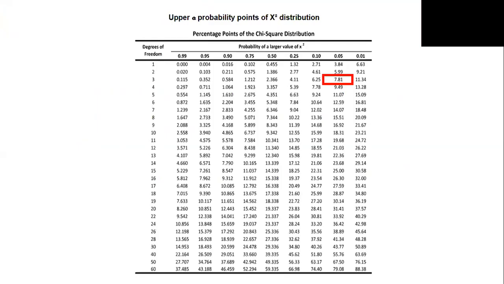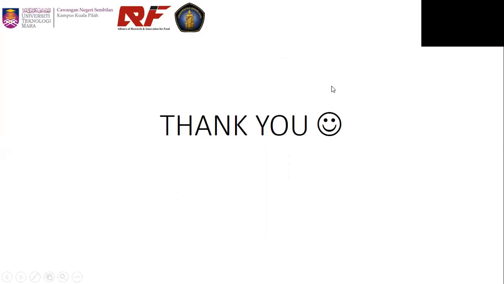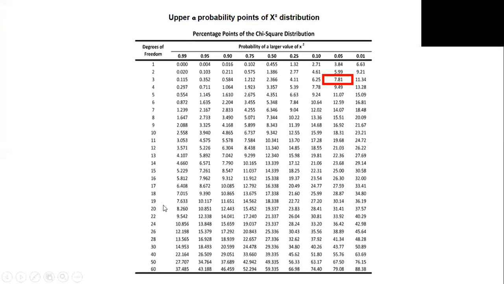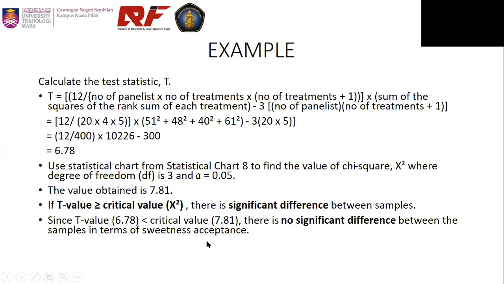This is the chart. So degree of freedom is 3, and the probability is 0.05. From the chart, we got 7.81. So 7.81 is the value obtained from the statistical chart.